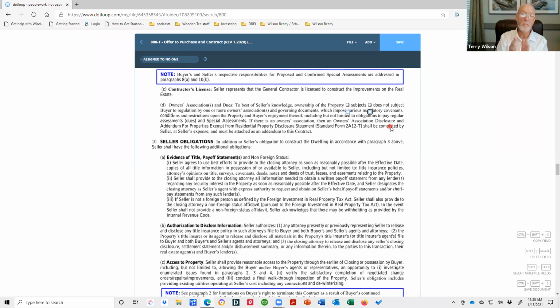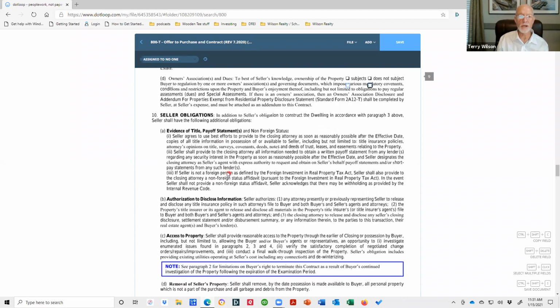If they're selling the model home, they have to provide the RPODS report because the home's been occupied. But if the builder is selling a spec home, they have to provide the MOG report, but not the RPODS report, Residential Property Owners Association disclosure. But if there is an HOA, then although they don't have to include the RPODS, they do have to include the HOA Owners Association disclosure, saying that there is an HOA.